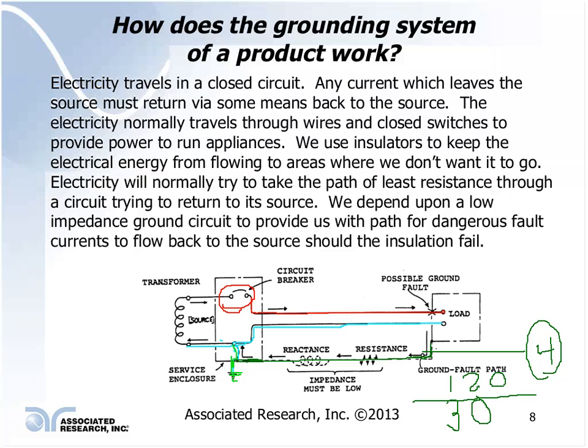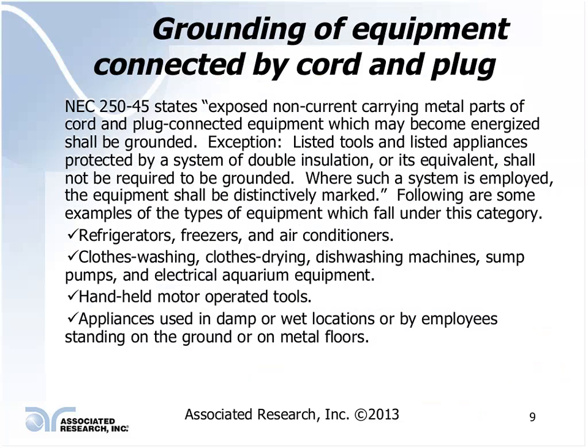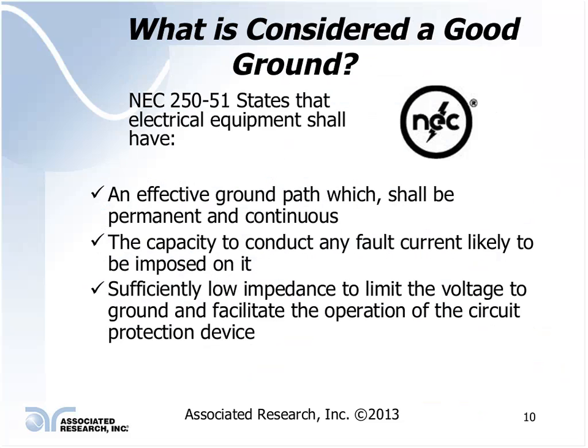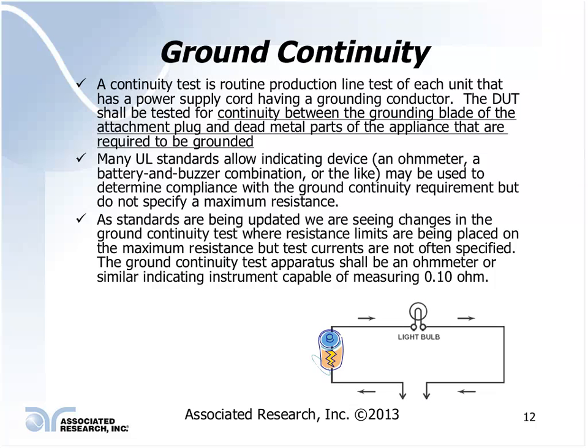That would keep the voltage low enough to guard you against any electrical shock hazards. But if this resistance is higher than 4 ohms, it's never going to allow this fuse or circuit breaker to open up to protect you against an electrical shock hazard. So that's a problem. Okay.